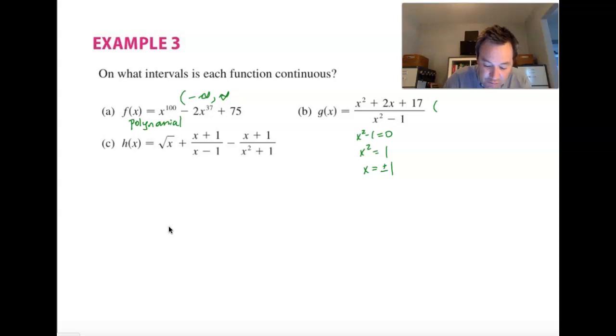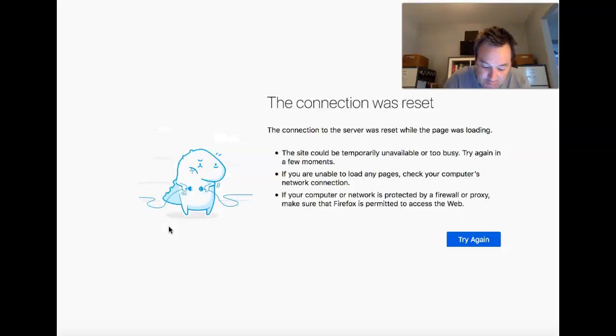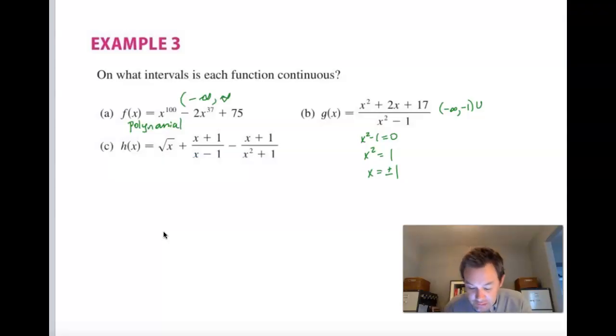It's continuous from negative infinity to negative 1, and then we'll union negative 1 to 1. So these are parentheses indicating open intervals that do not include the endpoints. So I've excluded negative and positive 1 here. Union 1 to infinity.